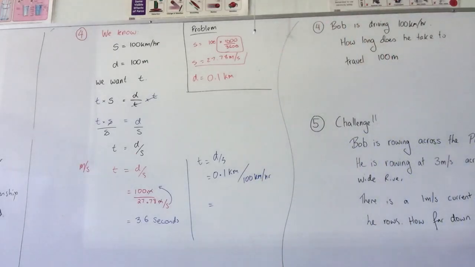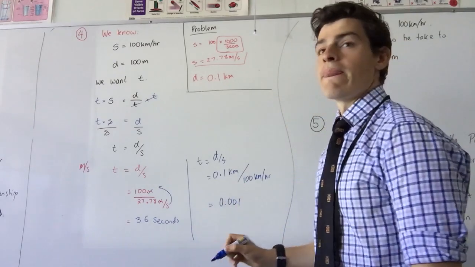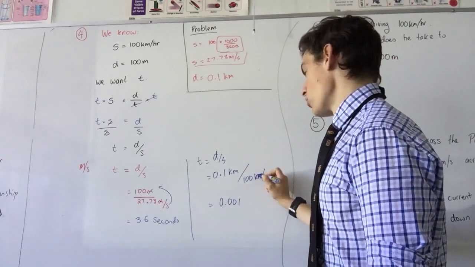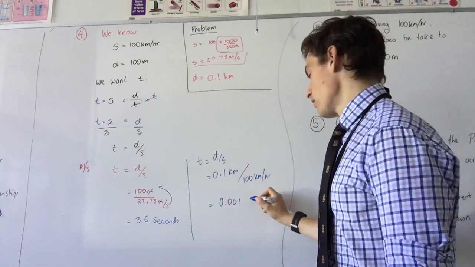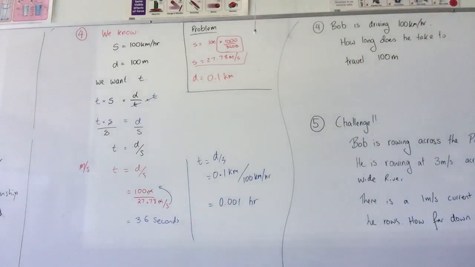What's that give me? Yep, 0.001 what? The kilometres cancel, so what's that? Just hours. Is 0.001 hours a very useful unit?